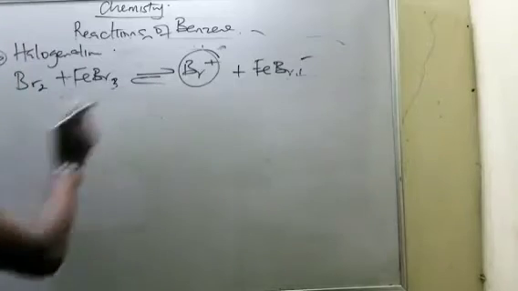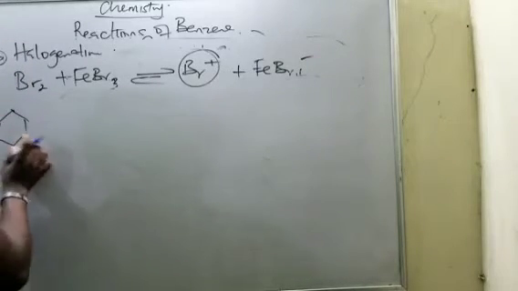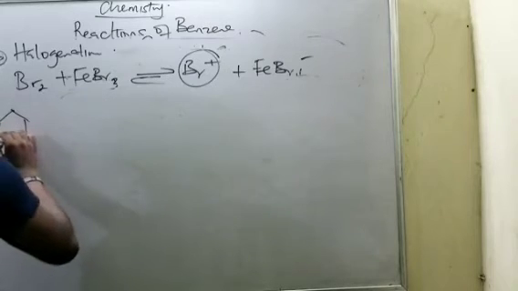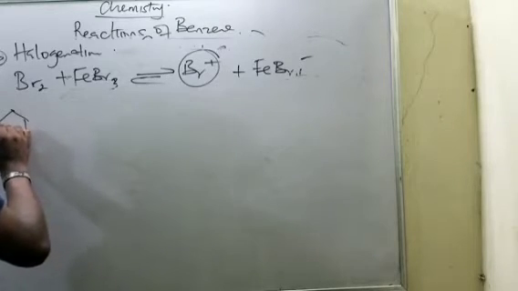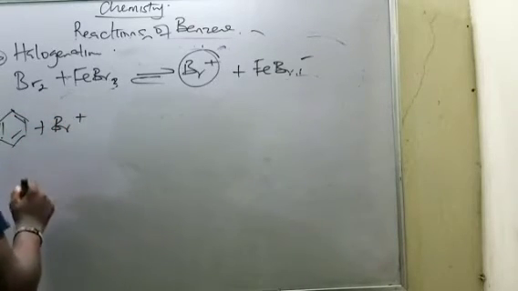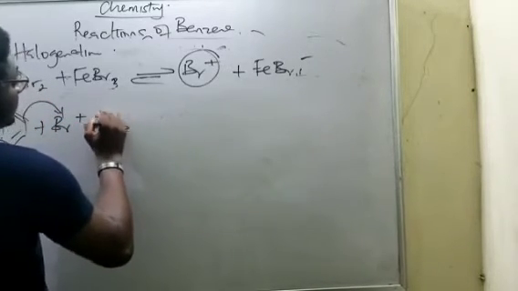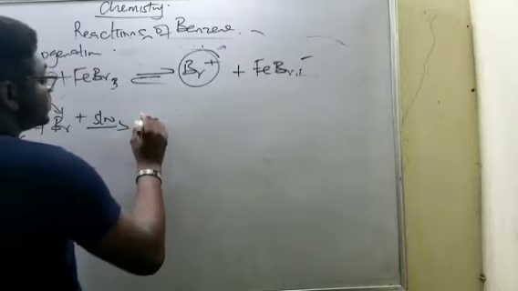And we are attacking this to the benzene ring. The same process all over again, the same mechanism. So we have benzene plus Br+. This attacks, and like we said, this is a slow step also.